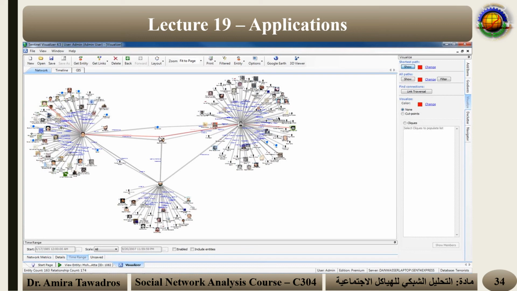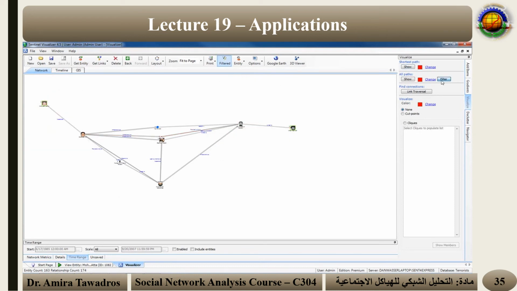Also, there is a feature called All Paths. This feature shows me all the possible paths, or all different ways to get from one node to another. And I can even filter out those nodes that don't have anything to do with those paths.